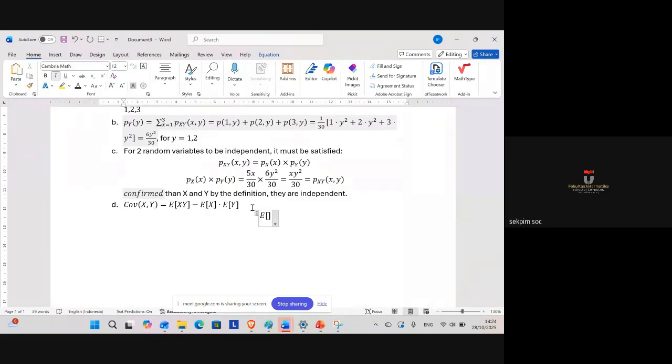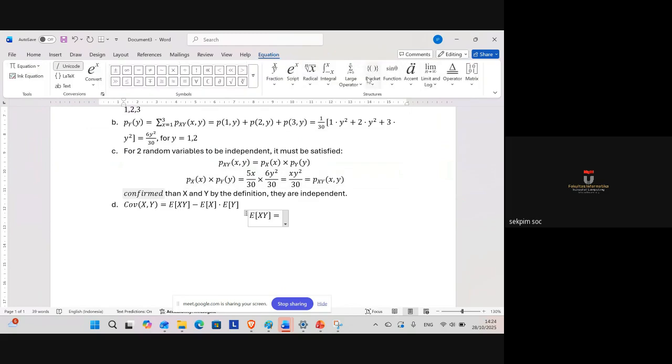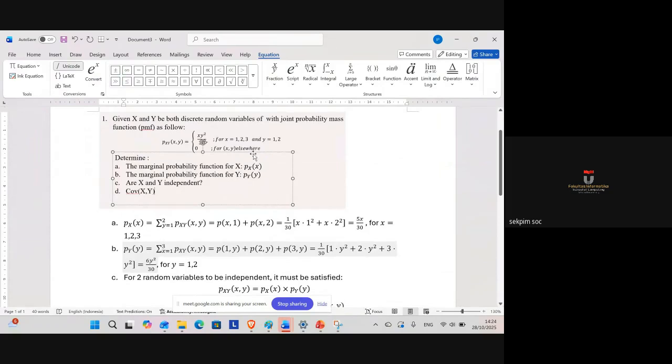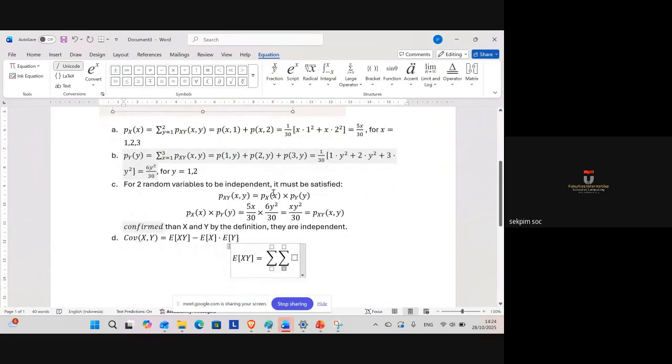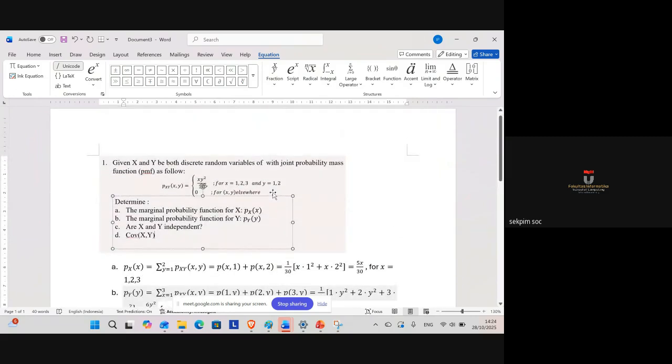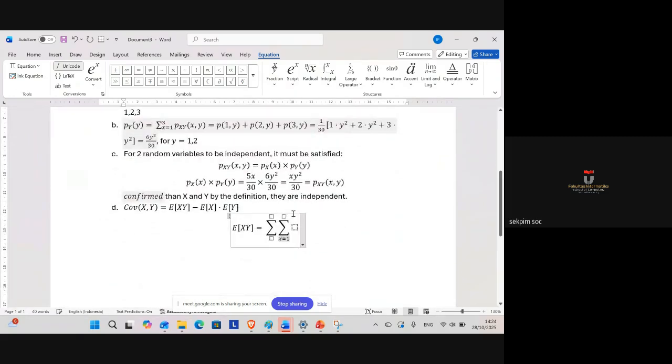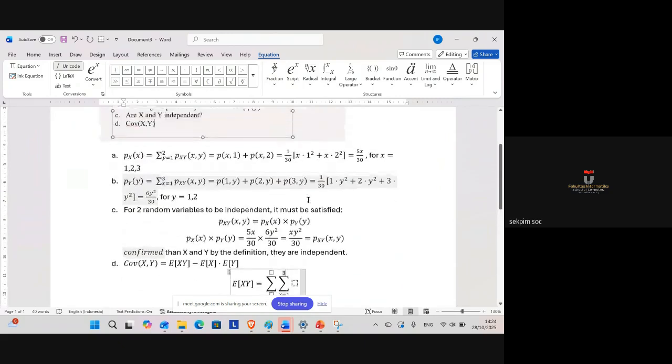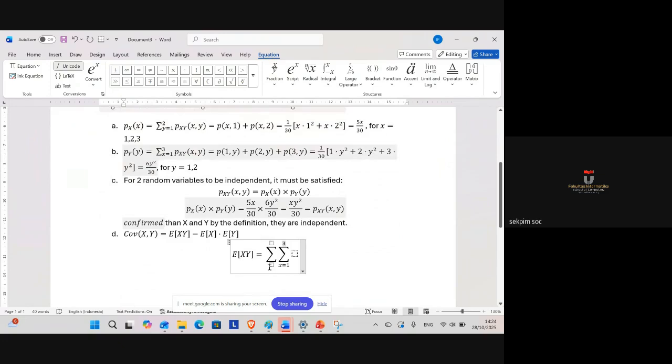For the expectation of xy, as the expectation operator, since it's a joint distribution function, we will use the double sum over all x and all y, and we can just write for x and y resulting in non-zero values: x is from 1 to 3, and y is from 1 to 2.